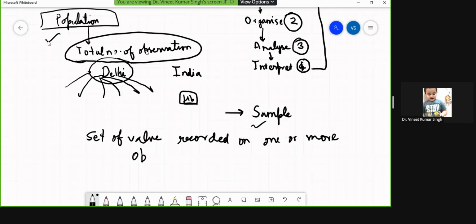Okay, so we need other measures to describe the population, and those are the measures of central tendency.